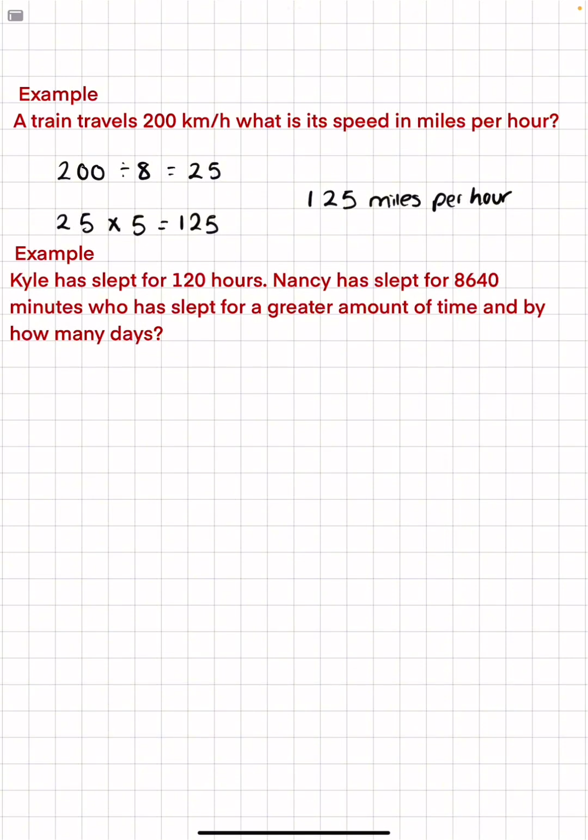The next example says Kyle has slept for 120 hours. Nancy has slept for 8,640 minutes. Who has slept for a greater amount of time and by how many days? We know 1 hour equals 60 minutes. We also know that 1 day equals 24 hours.